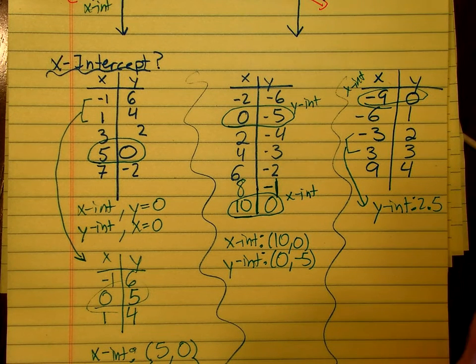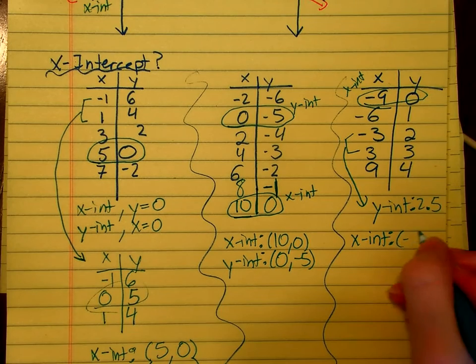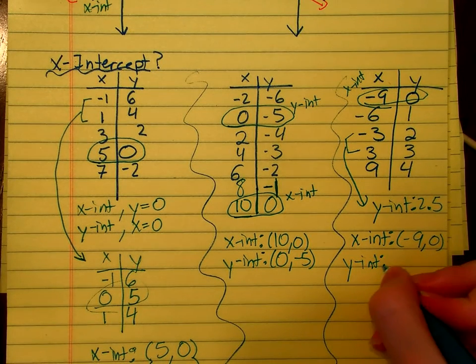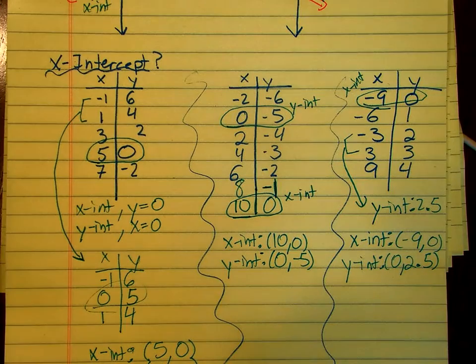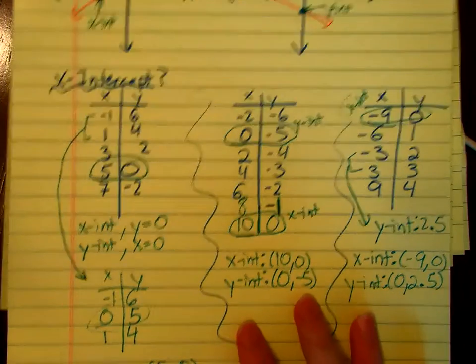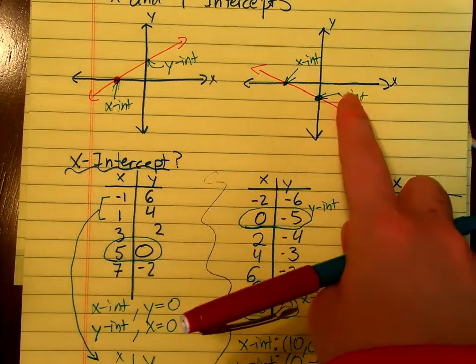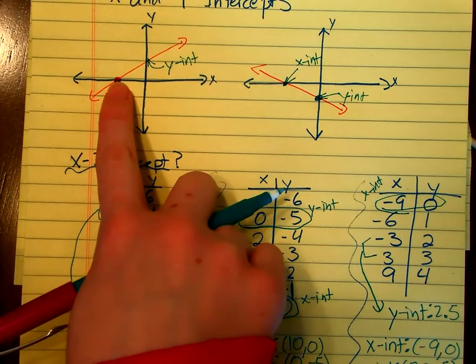If you don't like that method, you can always do it algebraically. I'm about to go through how to find this algebraically with a bunch of other examples, so I'm not going to waste time on that now. So that means your x-intercept is the point -9, 0, and your y-intercept is the point 0, 2.5. So you can find your x and y intercepts visually on a graph by finding where the line crosses the x-axis, that's your x-intercept.